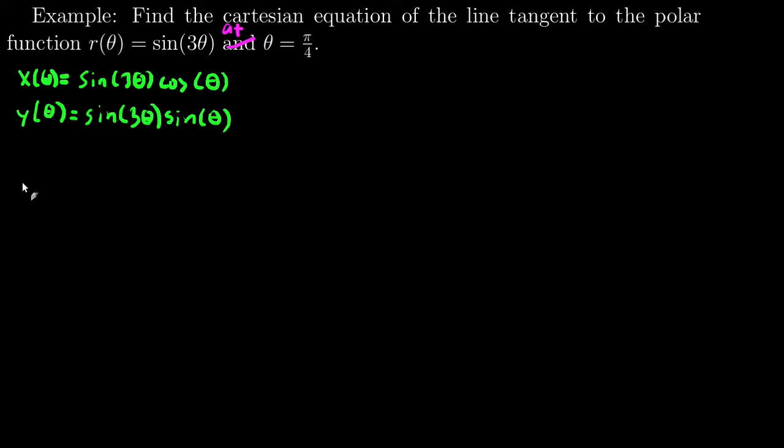And now, in order to get the equation of the line, I need a point and I need the slope. So let's find the point first. If I evaluate x of pi over 4, that's going to be sine 3 pi over 4 multiplied by cosine pi over 4.